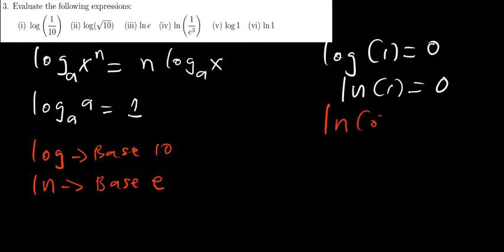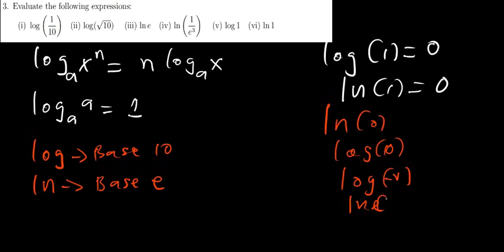Ln 0 is undefined, log 0 is undefined. Log of a negative number is undefined, ln of a negative number is also undefined. So the properties of ln and log are basically the same. We're just talking about the same logarithmic functions. So these are the basic rules that we're supposed to understand.